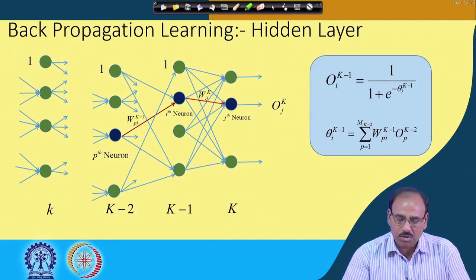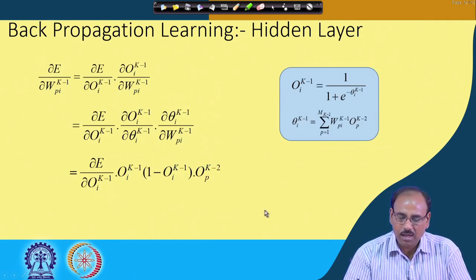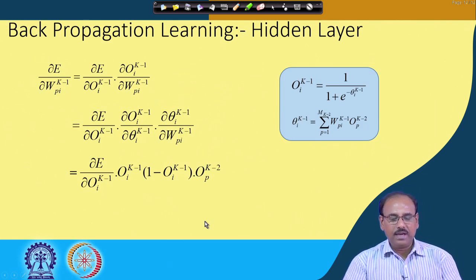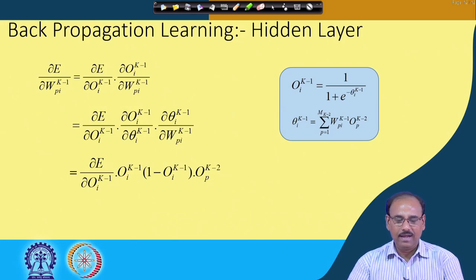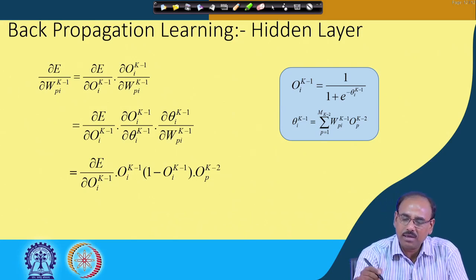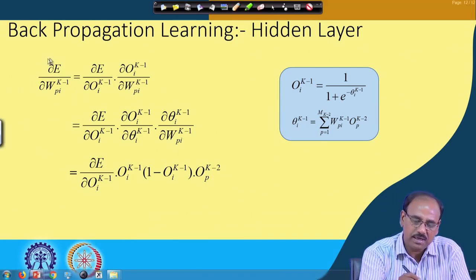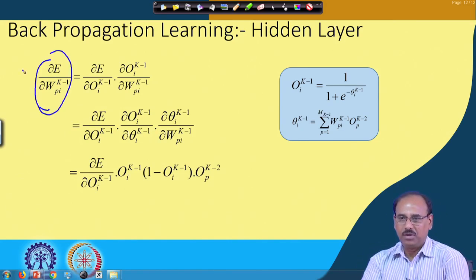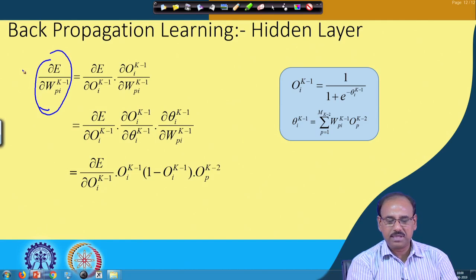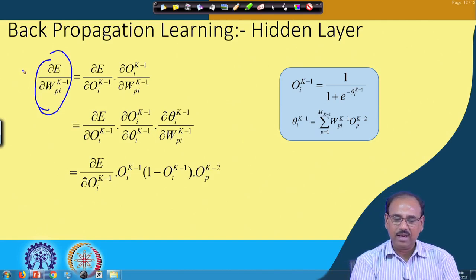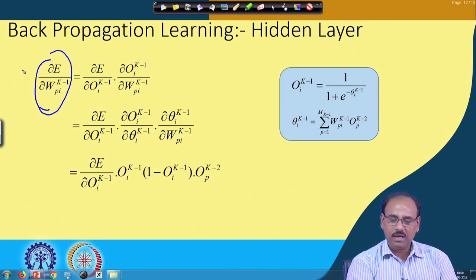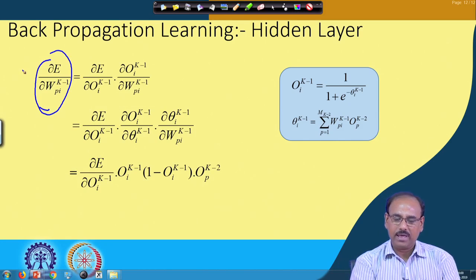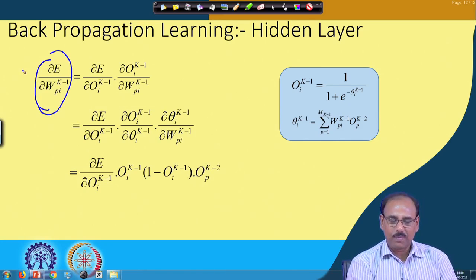So, this is what I have to do, and the derivative that I just said I have to compute is ∂E/∂Wpi(k-1). Following the chain rule, you find that I can write this as ∂E/∂Oi(k-1) times ∂Oi(k-1)/∂Wpi(k-1).